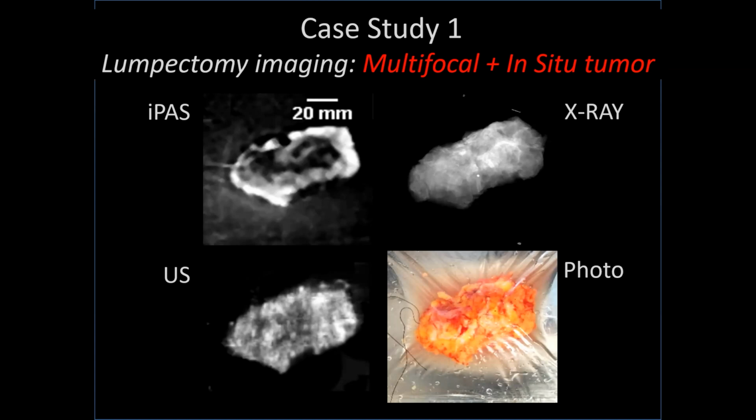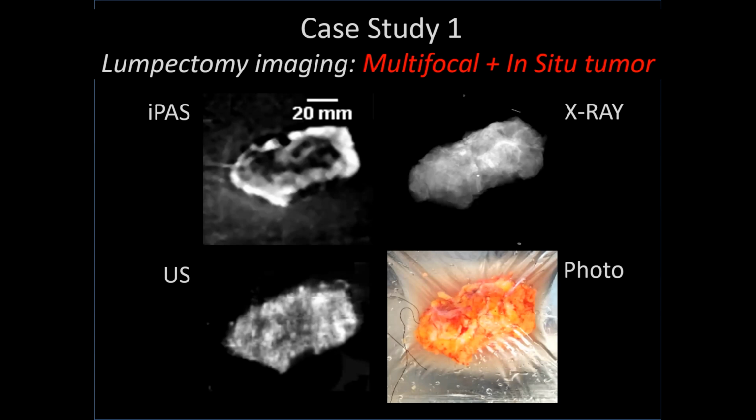I should also note that the pathologist, after the sample was sent back, reported that this specimen contained a multifocal tumor with two masses approximately 15 and 17 millimeters in diameter, along with grade 3 DCIS, or in situ disease. So this was a combination of multifocal tumors as well as in situ tumor.